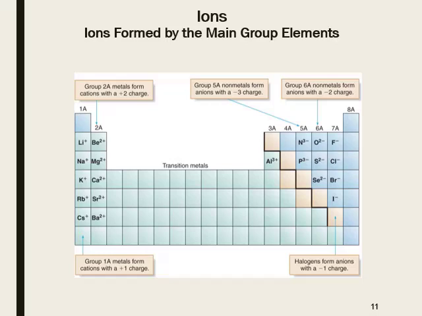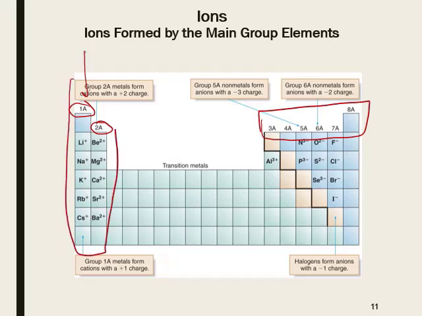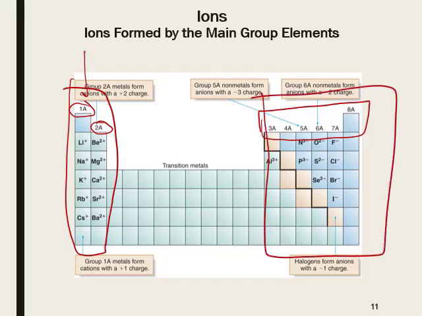In your periodic table, you will see on top of groups, numbers and letters. For example, here is 1A, first group is called 1A, and then this is 2A, 3A, 4A, and so on. These A groups, the first two groups and then the remaining ones, are called main group elements.